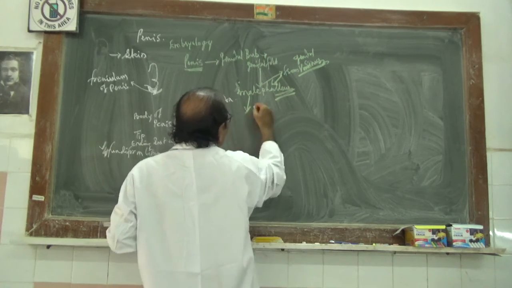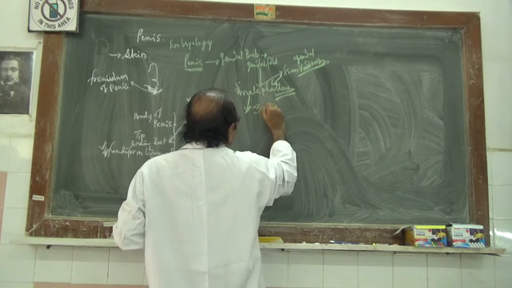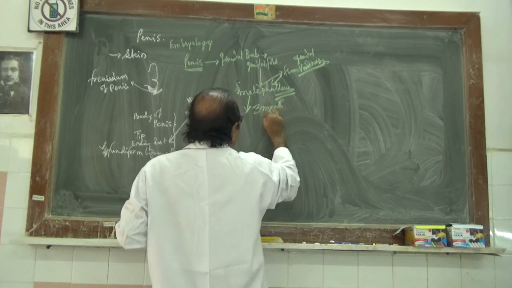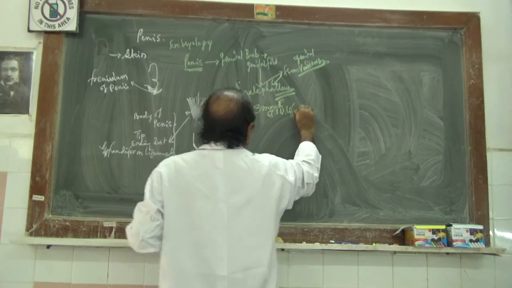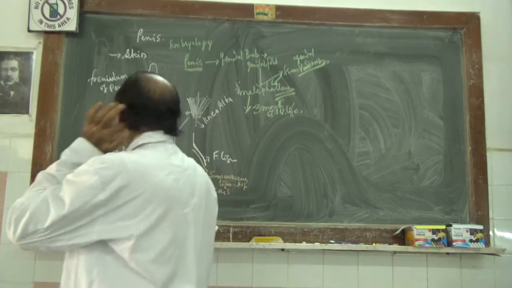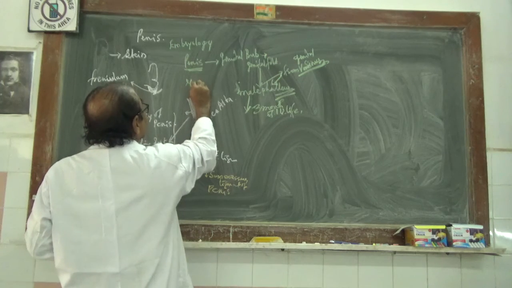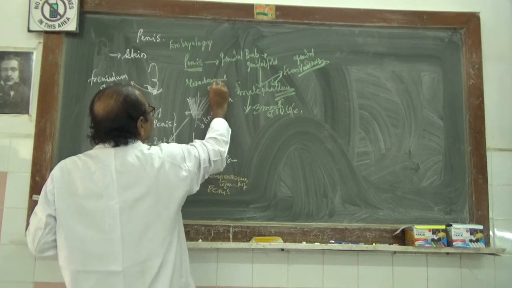The male phallus starts developing at the third month of intrauterine life, from mesodermal origin.